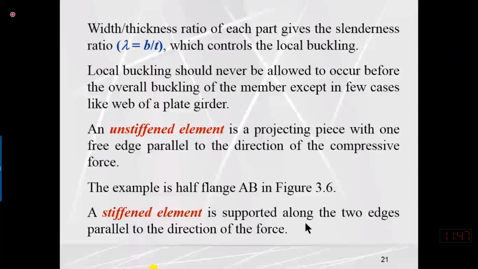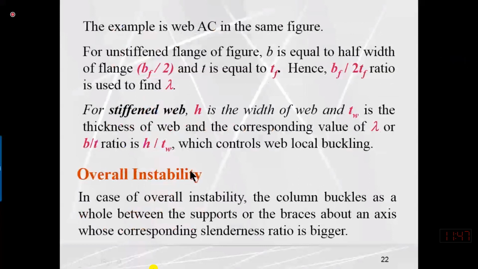For the unstiffened flange, as in the figure, B is equal to half of the flange width, Bf by 2, and T is equal to Tf. Hence the B over T ratio of the unstiffened element is Bf over 2Tf. I will explain it again.